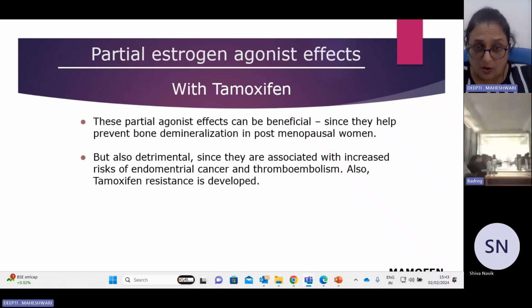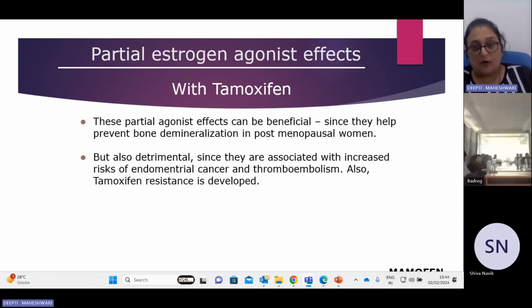So the risk of getting this cancer is high if the female is given tamoxifen, and that too if the female is given tamoxifen for a longer duration of time. So what has to be done? Frequent checkups are required to see if any endometrial cancer is developing or not. If at all any changes are seen, then immediately the drug can be changed, or a change in the protocol can be done. Okay, so endometrial cancer risk increases if it is given for a prolonged duration of time.